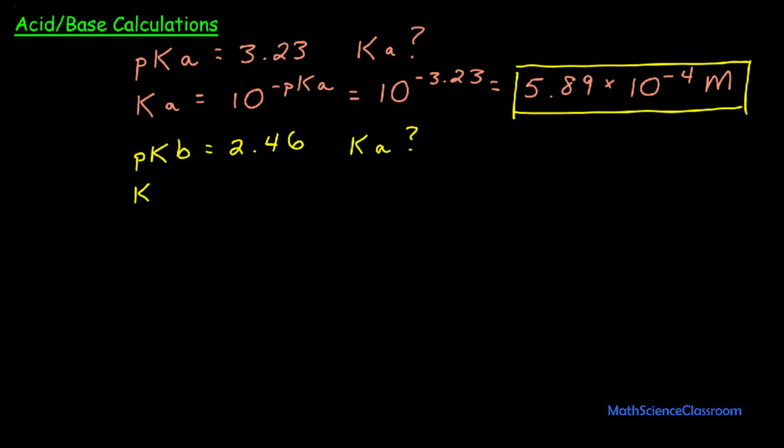So Kb equals 10 to the negative pKb, equals 10 to the negative 2.46 power, equals 3.47 times 10 to the negative 3. So that is our Kb.